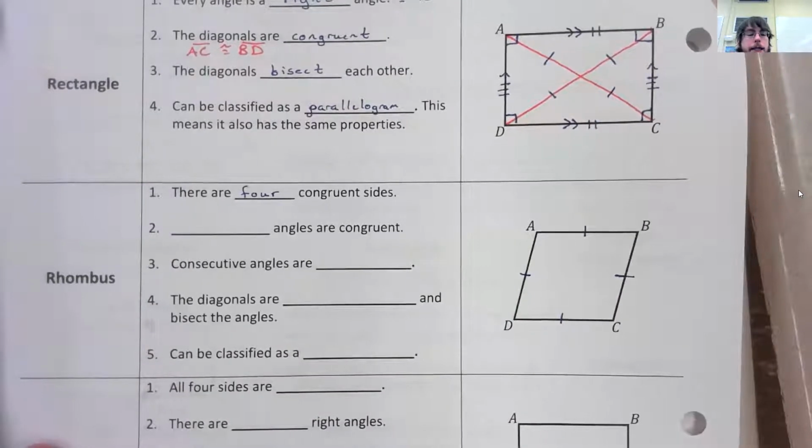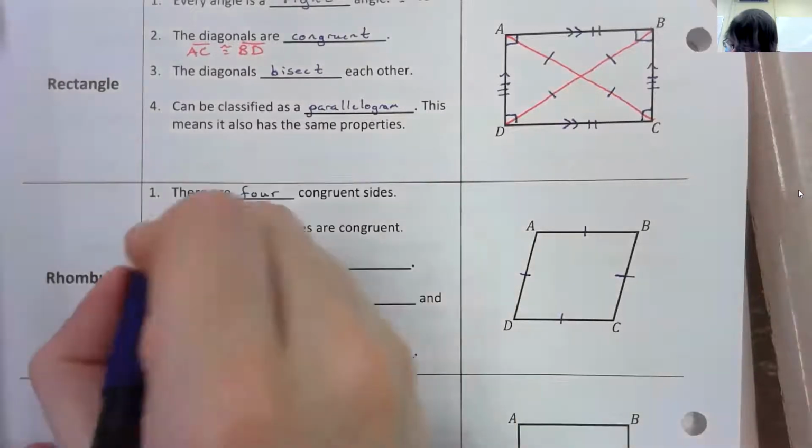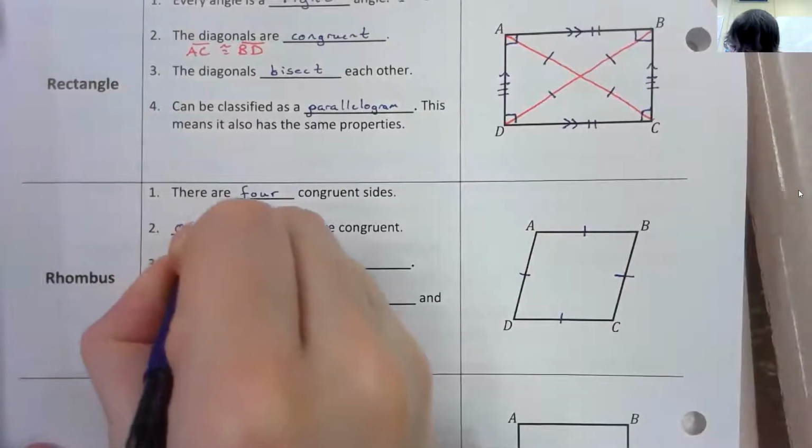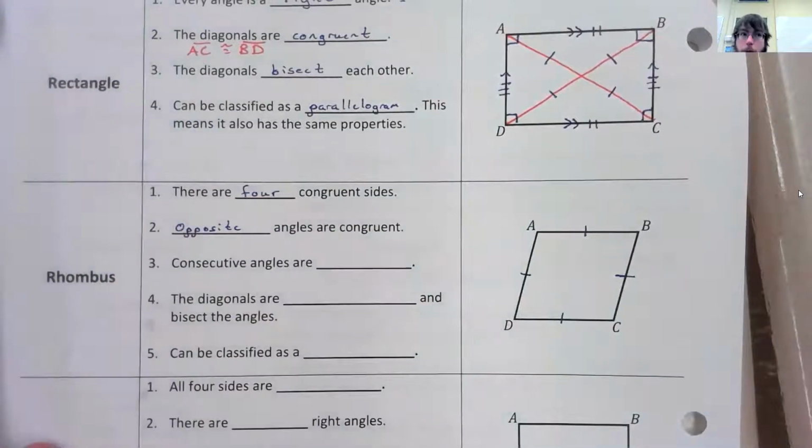All right, next up, it says blank angles are congruent. So just like a parallelogram, the opposite angles are congruent.